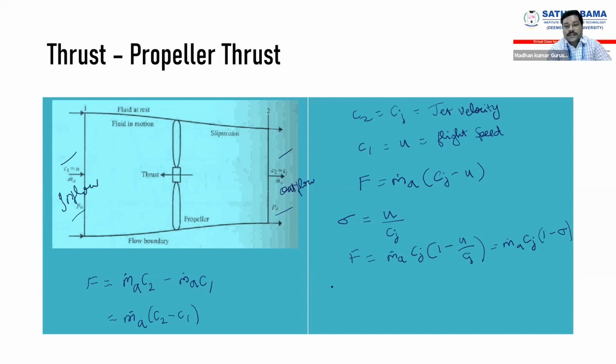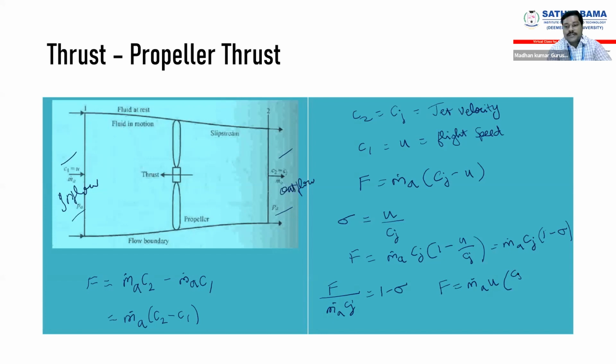From this you can develop the non-dimensional form, that is F by m dot a Cj is equal to 1 minus sigma, right? We can also rewrite this equation as m dot a, taking u common outside.